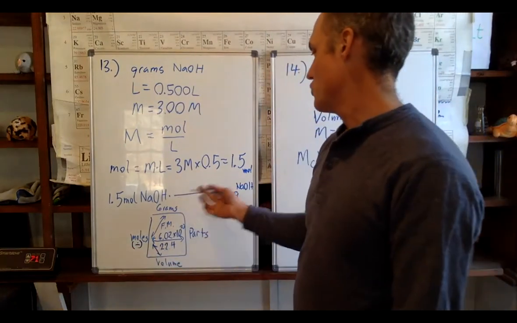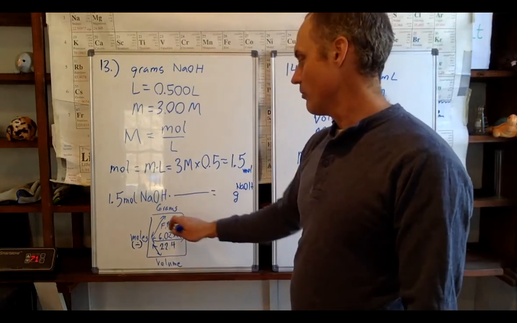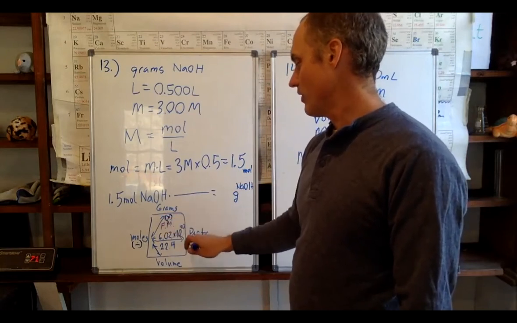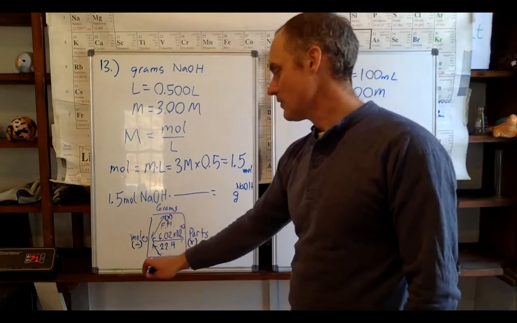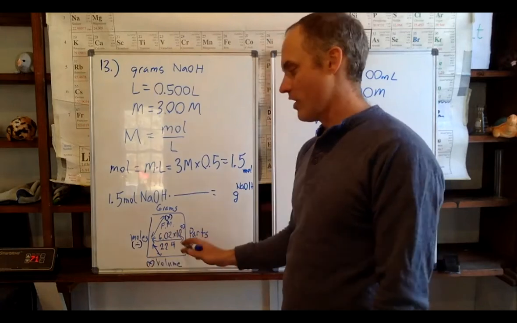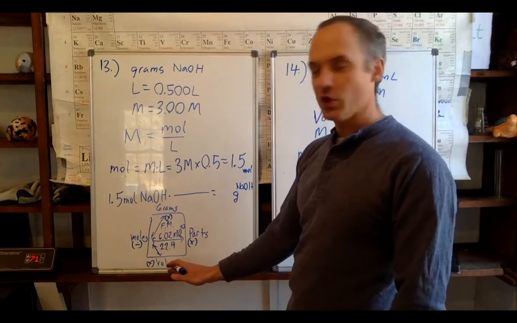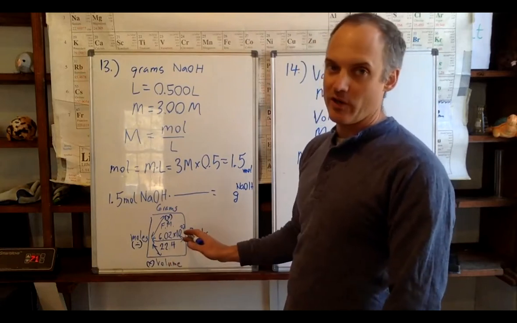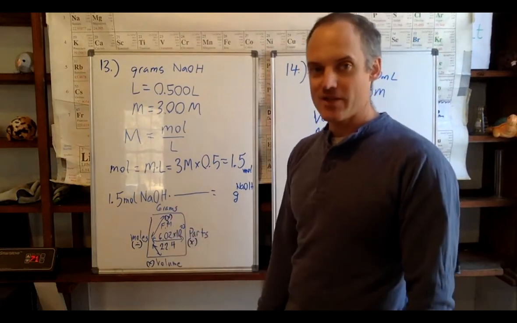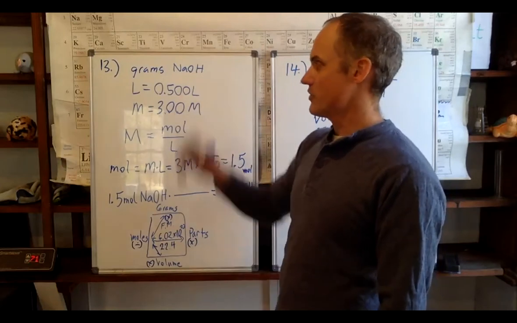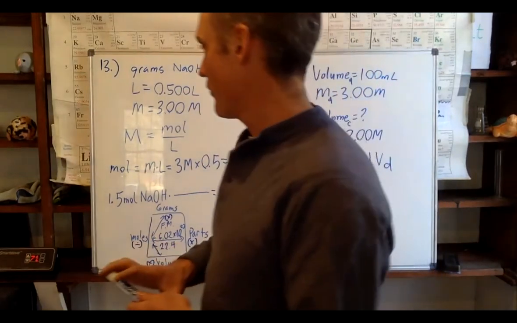We're going to grams. So we're going to multiply by the formula mass. It would be a multiplication problem if you're converting to anything else, be it volume by 22.4 or parts with the 6.02 times 10 to the 23rd. But we're just doing NaOH.